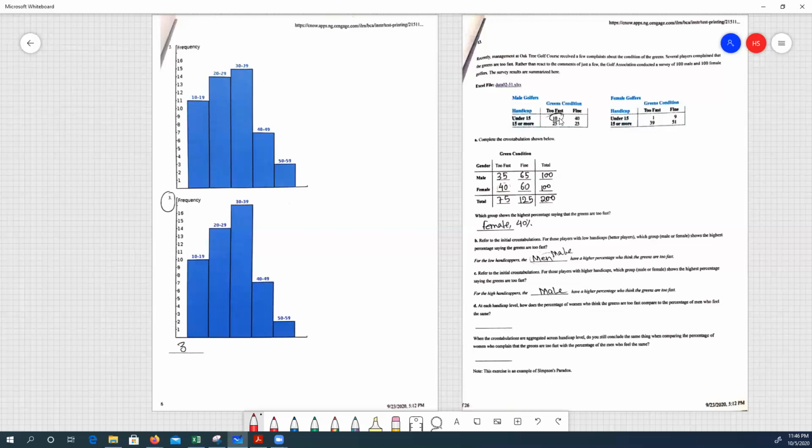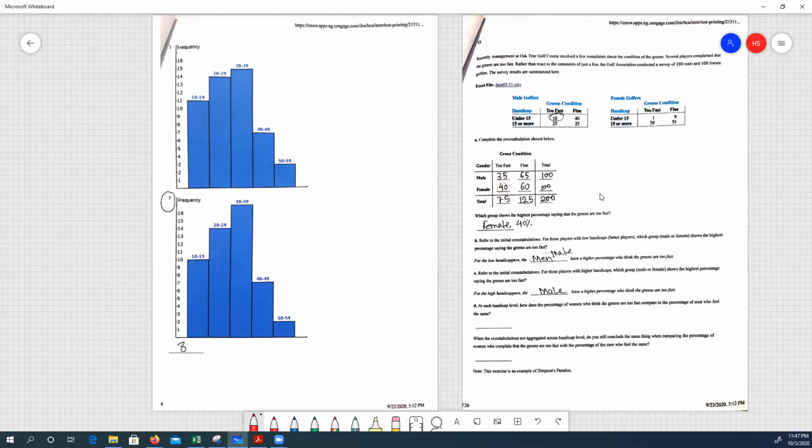We have 10 plus 25, 35. Male and just fine is 40 plus 25, it will be 65. Similarly for female and too fast, 39 plus 1, which is 40. And female and just fine is 51 plus 9, which is 60. So the total male will be 100 and female is 100, and total too fast is 75, and total fine is 125.